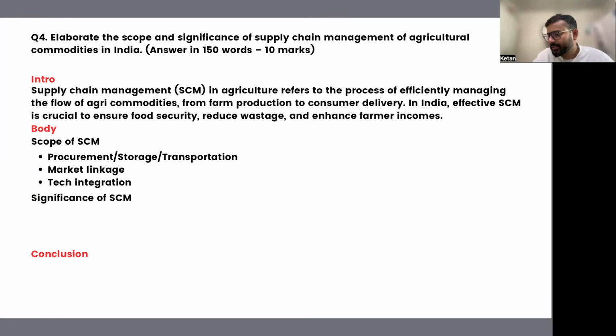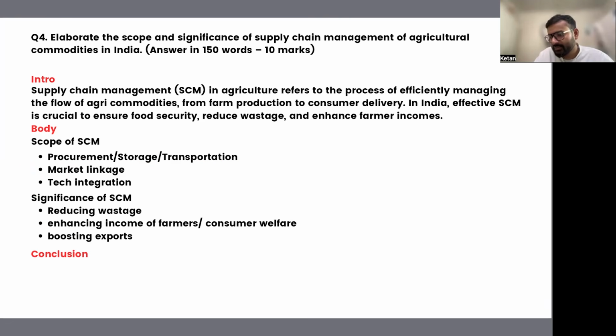For significance of supply chain management, what is the significance? Of course, it leads to reduced wastage. If you have some data regarding the amount of post-harvest losses in India, that will really help in enhancing the quality of this answer. You can talk about enhancing the income of farmers and also the end consumers.